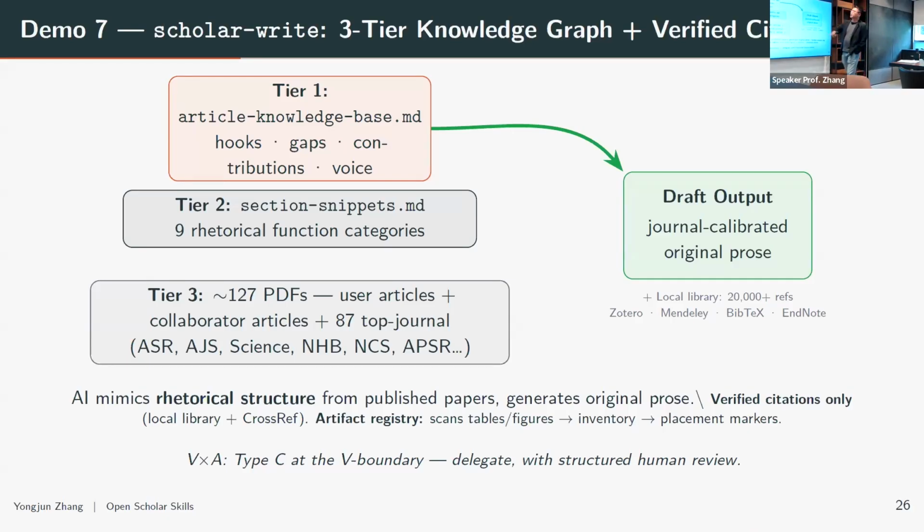Section snippets, right? So you have to extract all these from your own articles and top journal articles to build this. And then draft the output, tailored for your target journal.